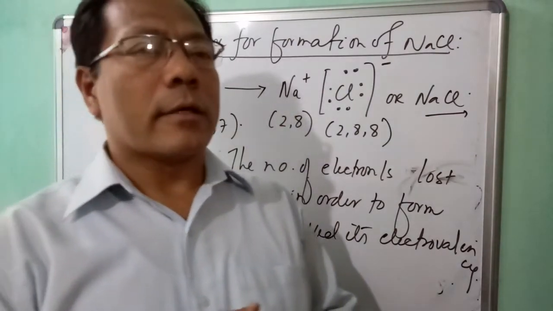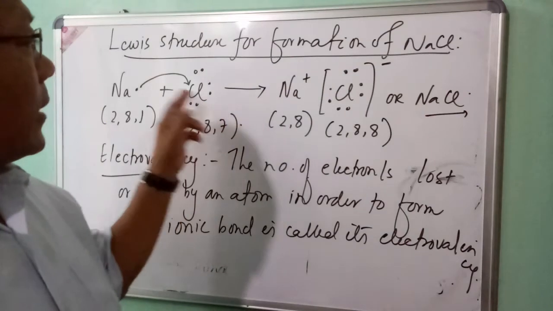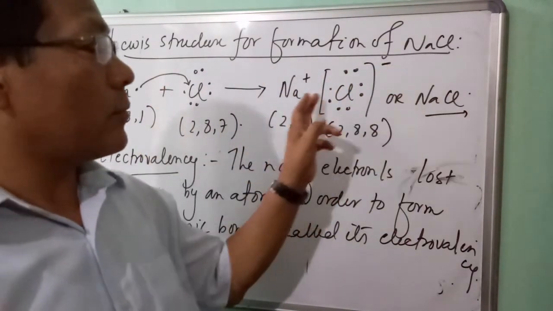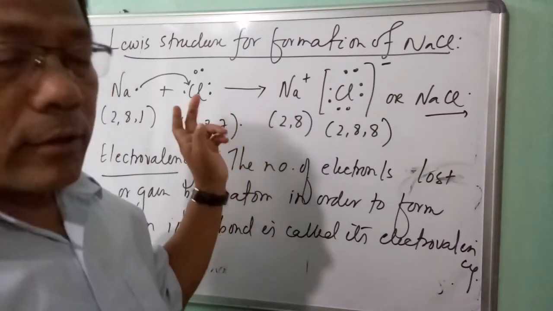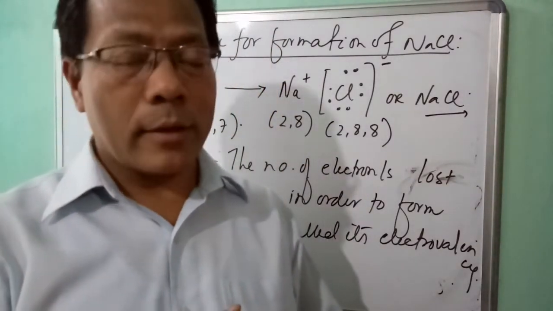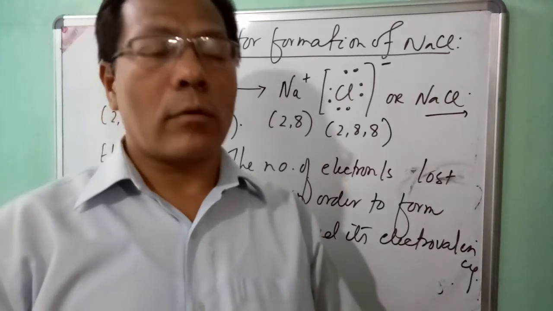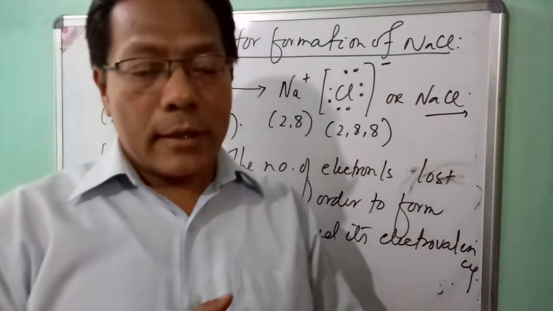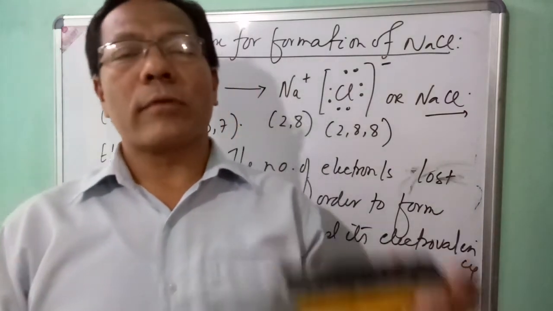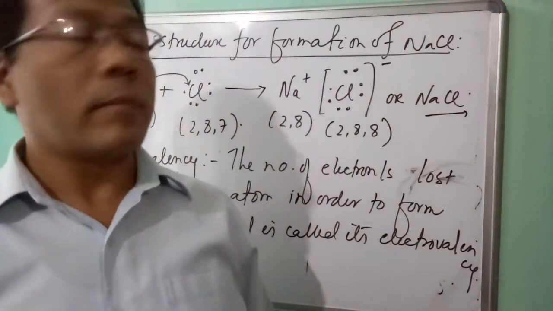In a similar manner, the chlorine gained 1 electron to form chloride ion, so the electrovalency of chlorine is 1. We can find out the electrovalency of the elements present in an ionic compound.